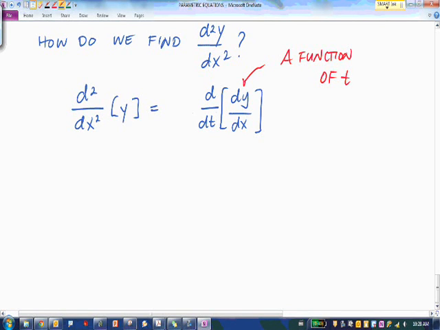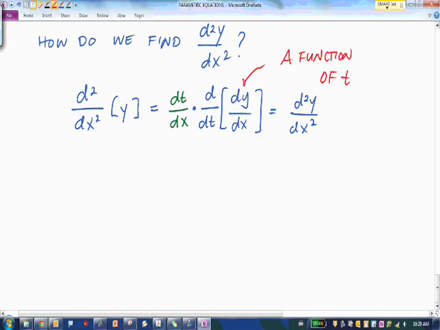However, this will not get me the left-hand side. Okay, and so I need to multiply by something, which is really using the chain rule, in order to get the second derivative with respect to x. With a little bit of thought, you can show that if I multiply by dt over dx, then I will end up with exactly the same thing, which is the second derivative of y with respect to x.